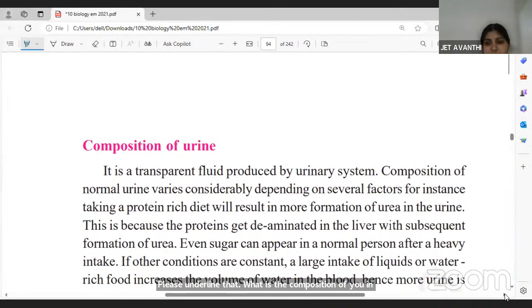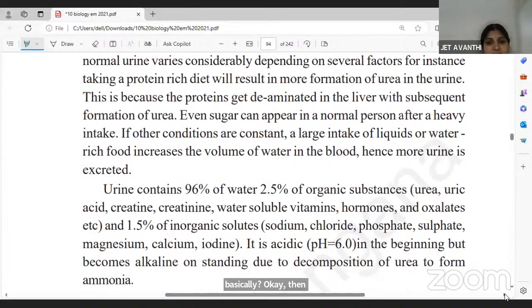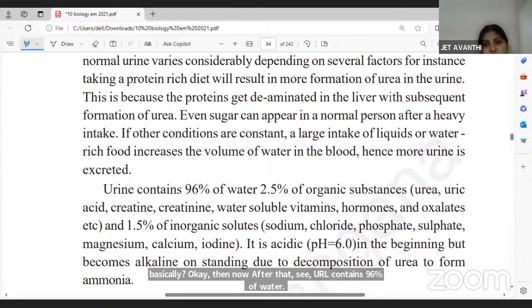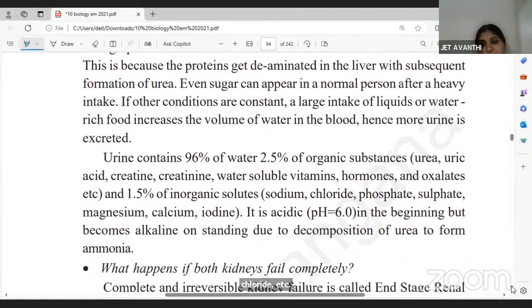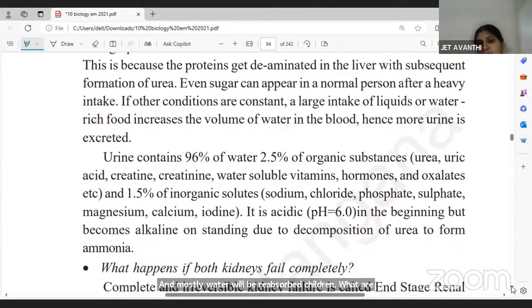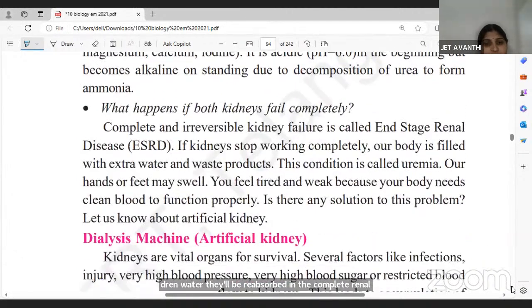Urine contains 96% of water, 2.5% of organic waste, like creatinine, water-soluble vitamins, hormones, urea, and 1.5% of inorganic waste or inorganic solutes like sodium chloride, etc. And mostly water will be reabsorbed, children. Water will be reabsorbed in the complete renal tubule, PCT, DCT. And you can see here.